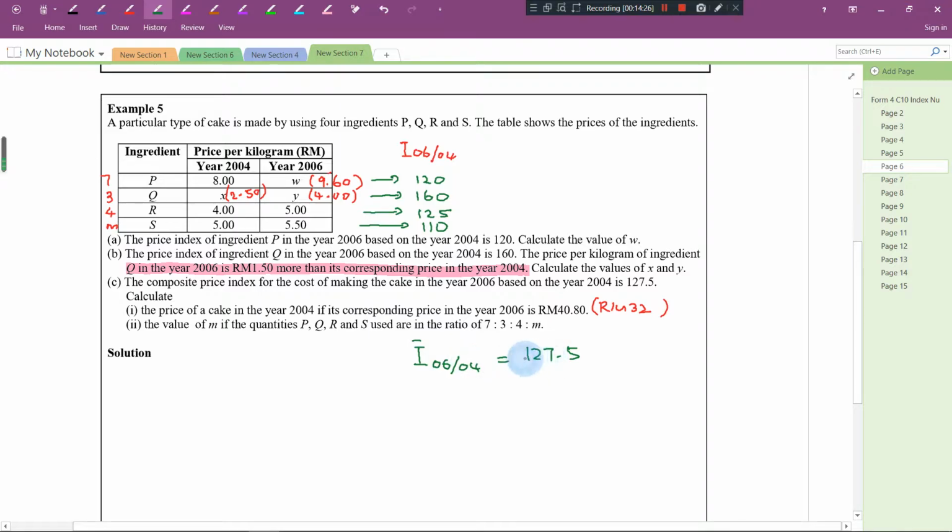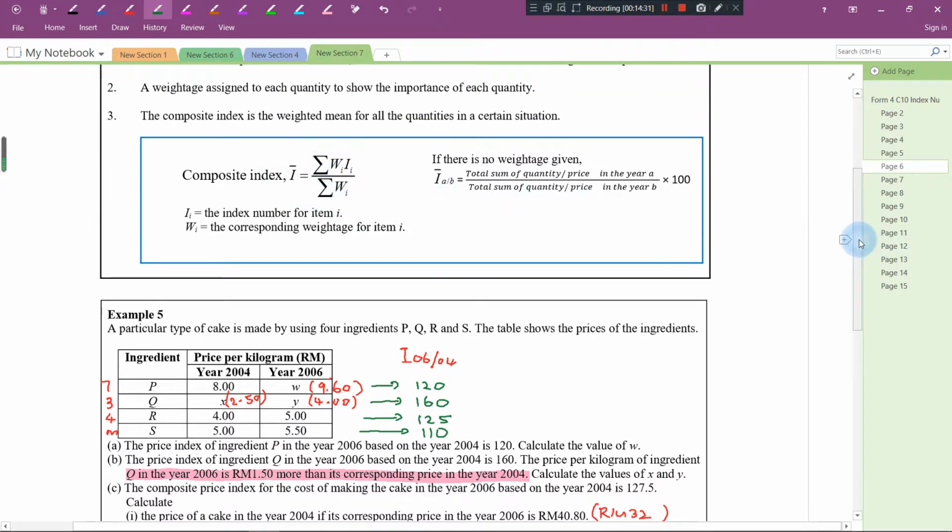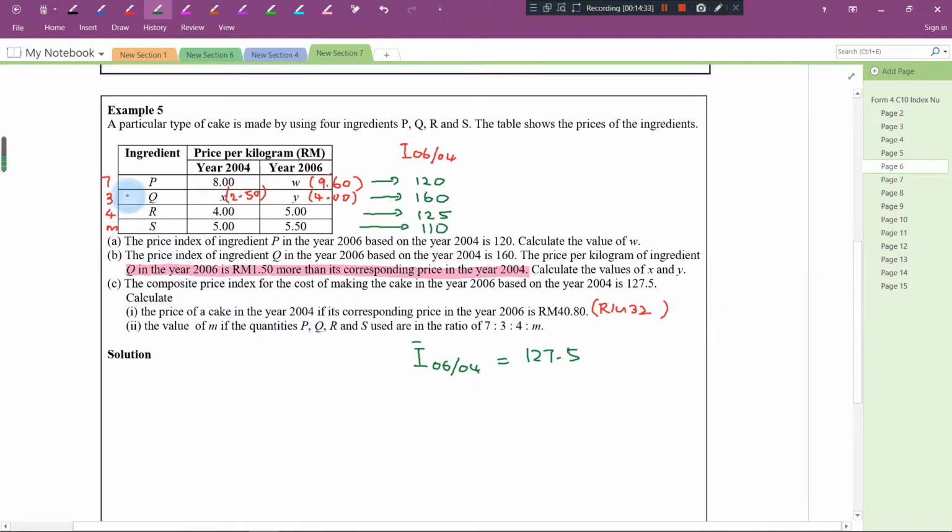How do I get this? We can use this formula, right? The weightage times its index number, all added up together, divided by the total weightage, and then we will be able to get the composite index.